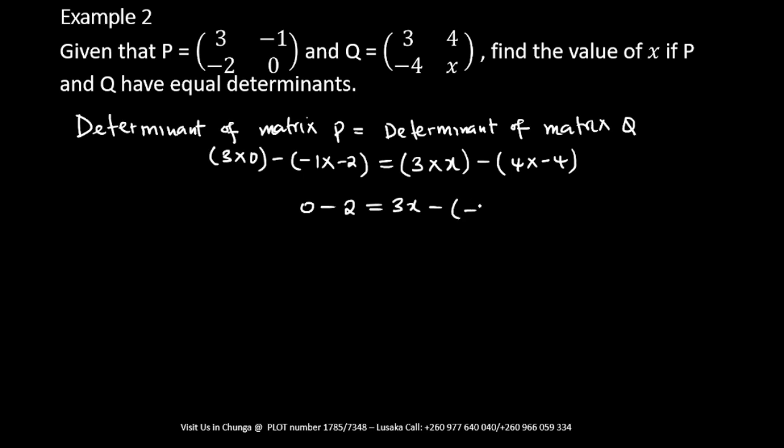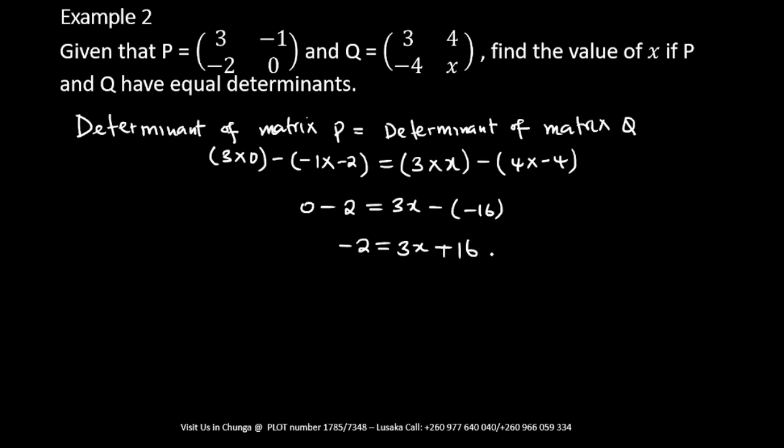This will give us negative 16. Now hear me very well. 0 minus 2 is going to give us negative 2. Then here there are two signs, meaning we are multiplying. A negative multiplied by negative is going to give us positive 16.